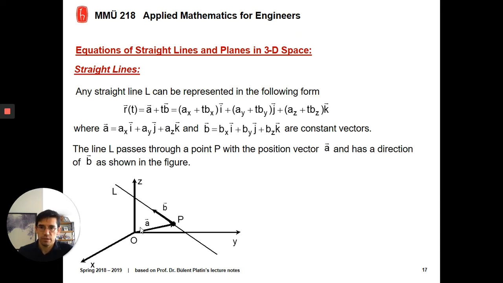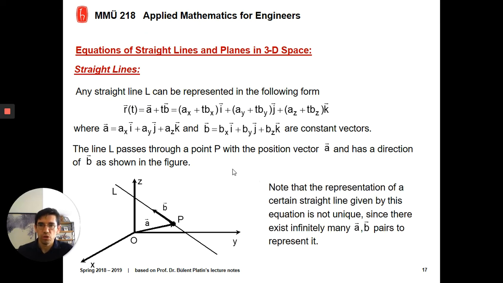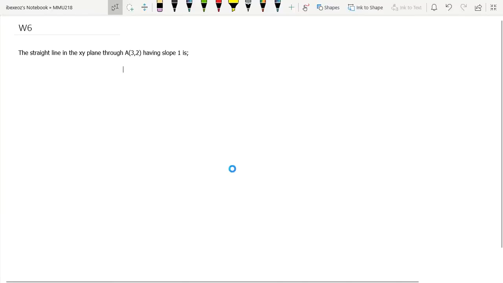And here I am showing you the sketch of that. I have a position vector A for point P, and then the vector that is on the line is represented by B. So let me give you a simple example here, very simple example.